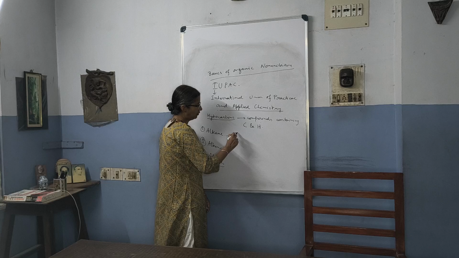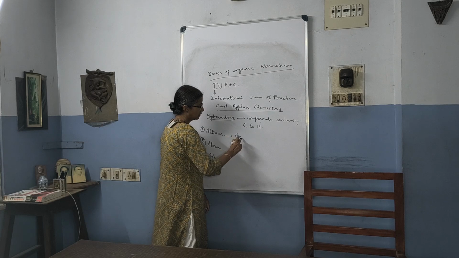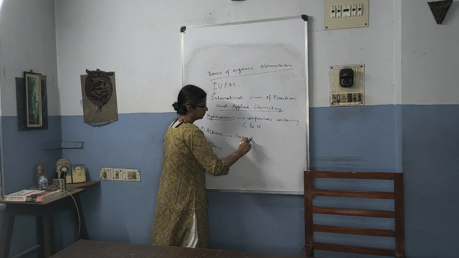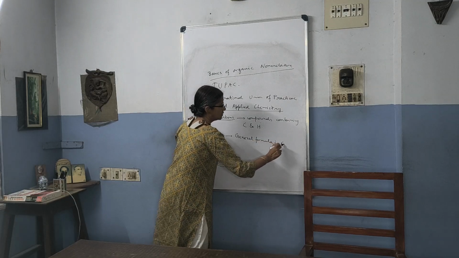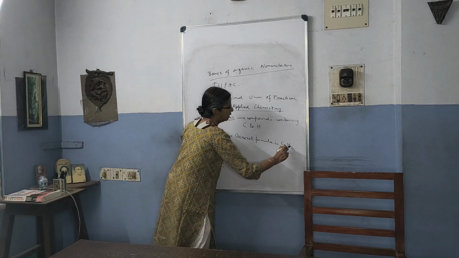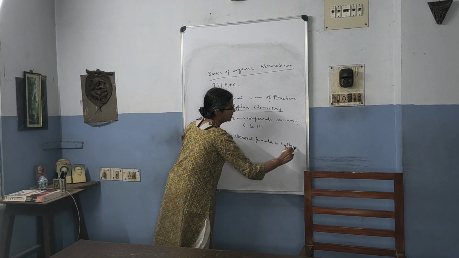Alkane, the general formula is CnH2n plus 2.